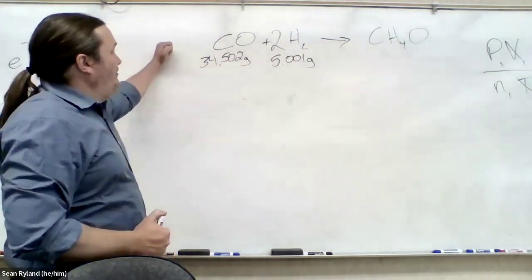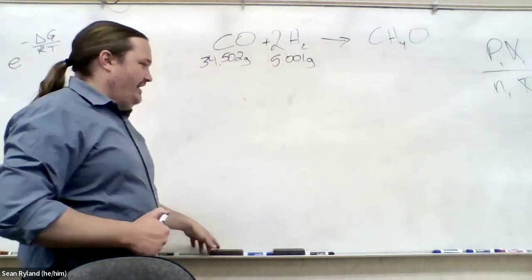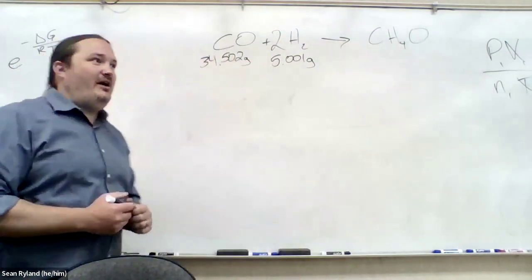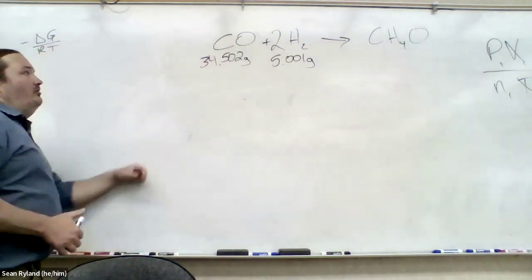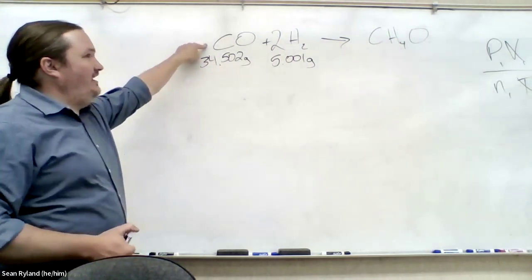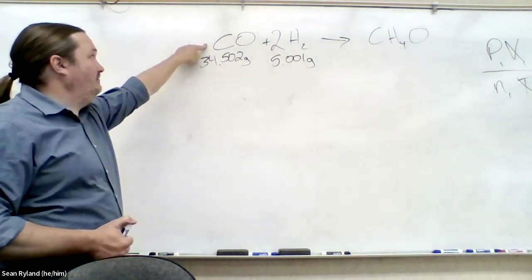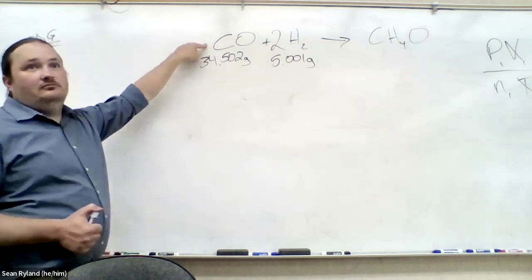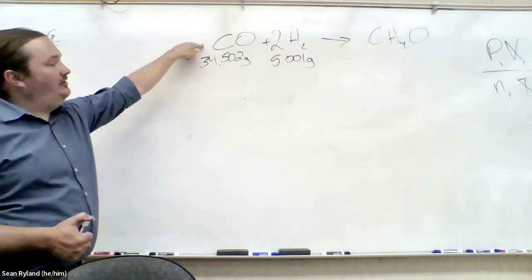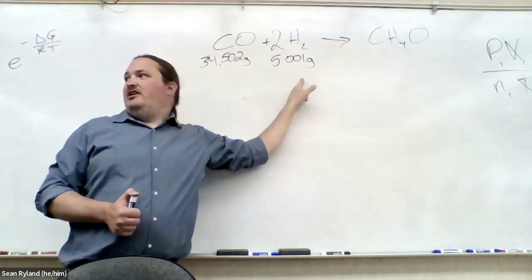Let's see, how do we get to moles first out of our reactants? Let's not get ahead of ourselves. Molar mass. So the molar mass of carbon monoxide is 12 plus 16. So we've got a little bit more than a mole here. We've got about 2.5 moles here.